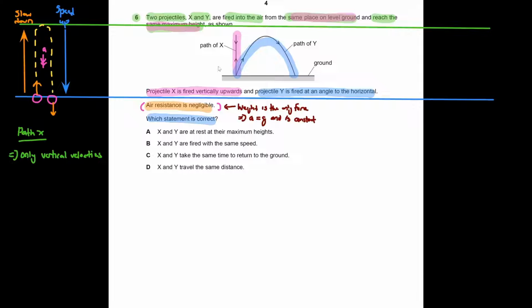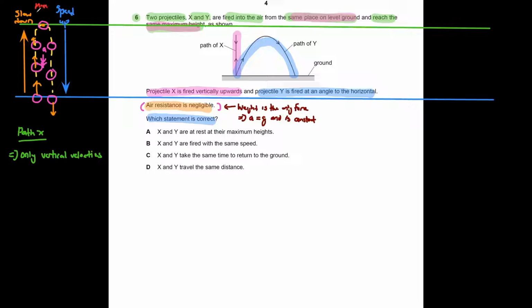expect to see. So let's just indicate a few points on your path X. This one, this one, this one, this one, and this one. So as your object goes up, its velocity will get progressively smaller because it is slowing down. So your arrow will become smaller and smaller until it is 0 at the maximum height.